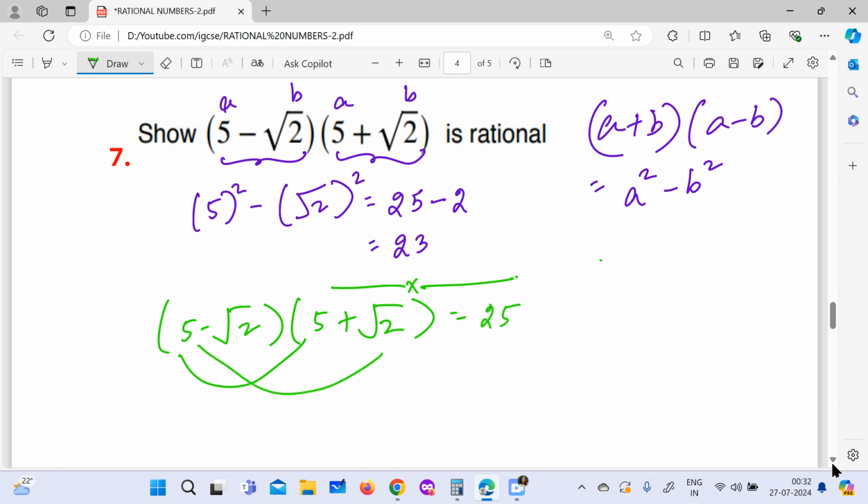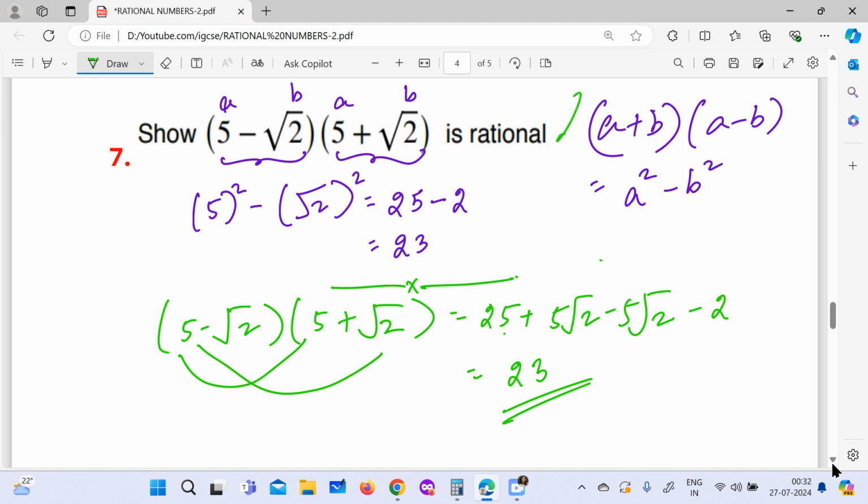Then 5 times root 2 gives you 5 root 2, and minus root 2 times 5 gives you minus 5 root 2, and minus root 2 times root 2 gives you minus 2. Here 5 root 2 and minus 5 root 2 get cancelled, and 25 minus 2 gives you 23. So we get the same answer.